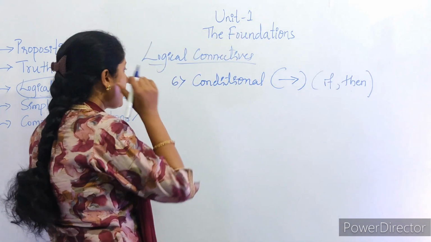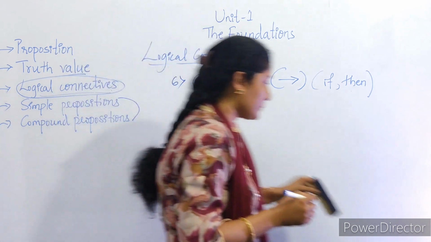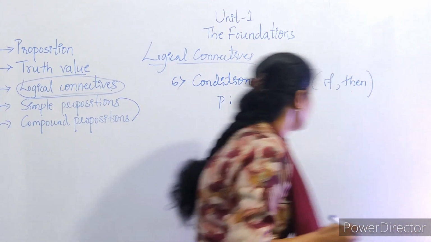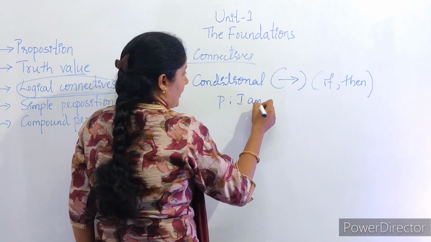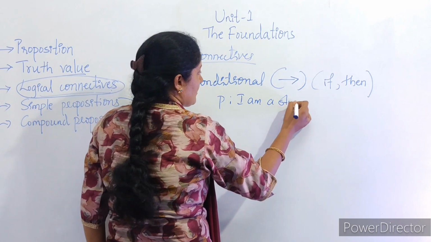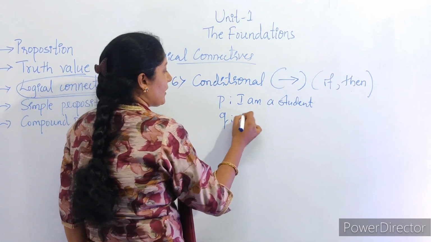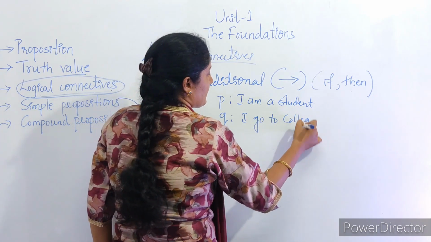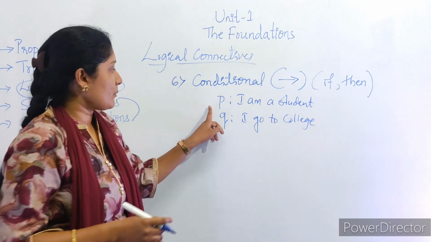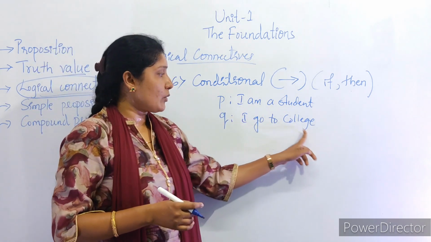For example, the proposition P is I am a student, and Q is I go to college.